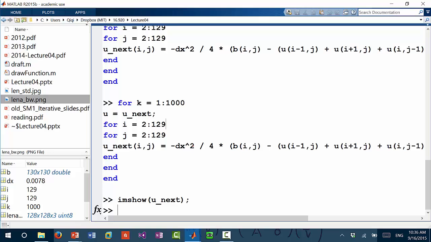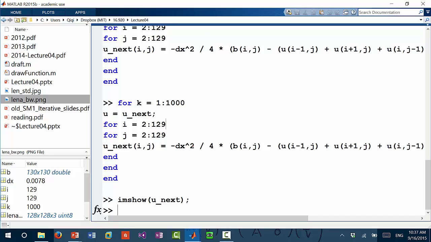That means we are only changing U next in the interior of the domain, and the boundary is left as what? 0, right? That means we have 0 boundary condition. What would you suggest if we know the boundary condition is equal to something else? Just set it in the beginning, right?